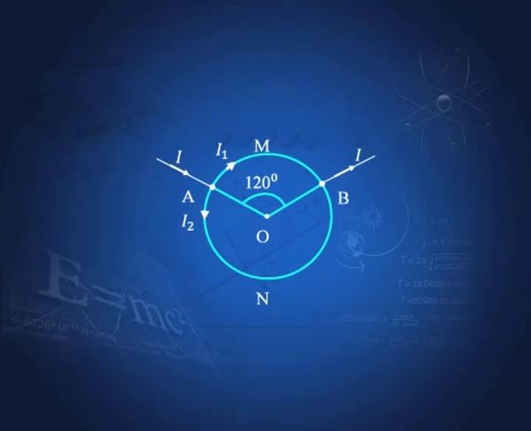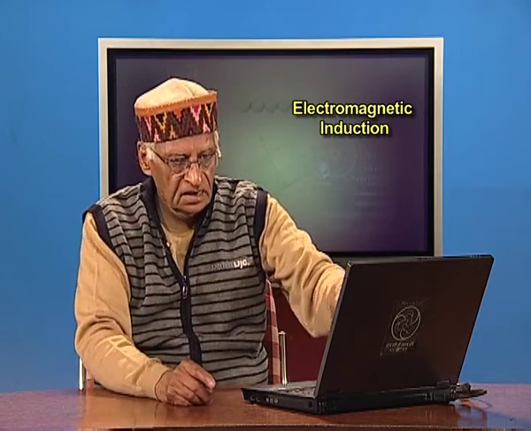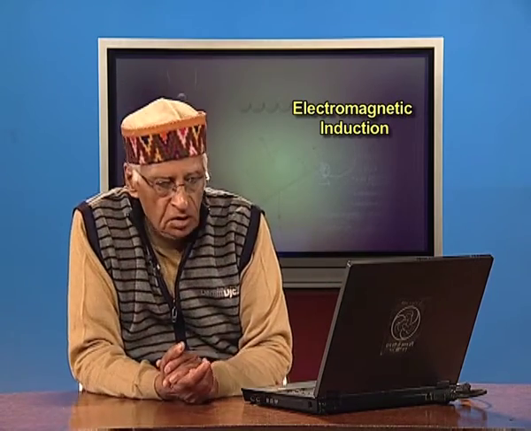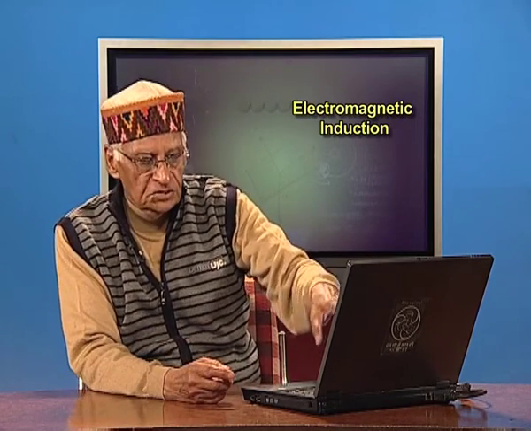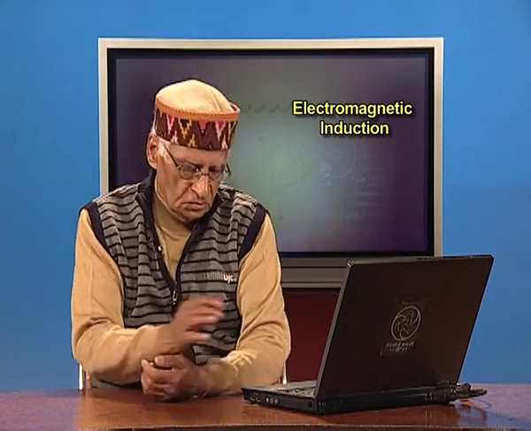Therefore, the direction of the magnetic field at the center of the loop is opposite. This produces a magnetic field in this direction, and this produces a magnetic field in the opposite direction. The two being equal in magnitude, the sum of these two is 0. So, the total magnetic field at the center is 0.